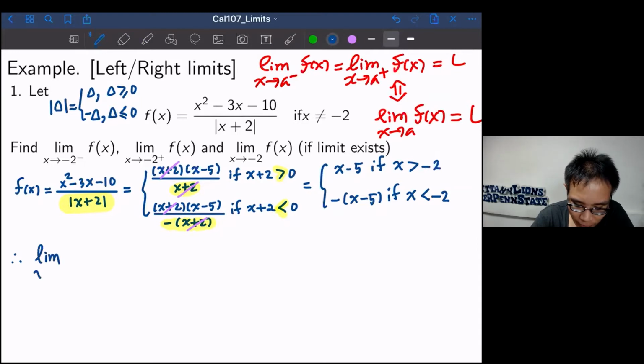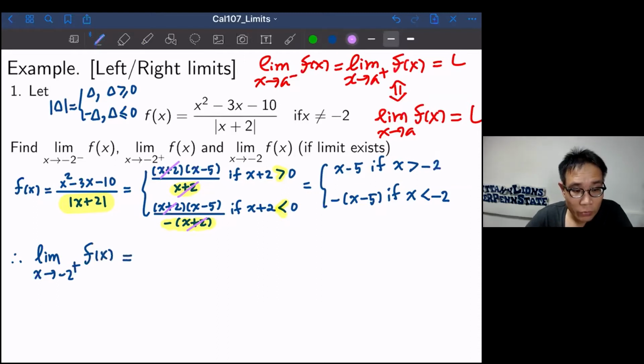So you have the limit as x goes to negative 2 from the right of f(x).